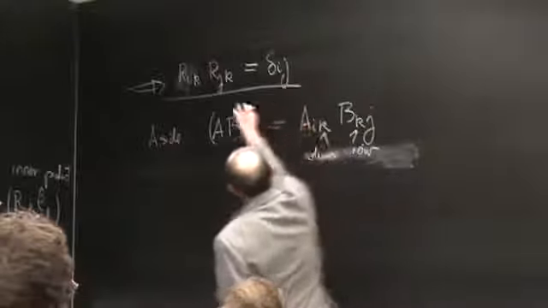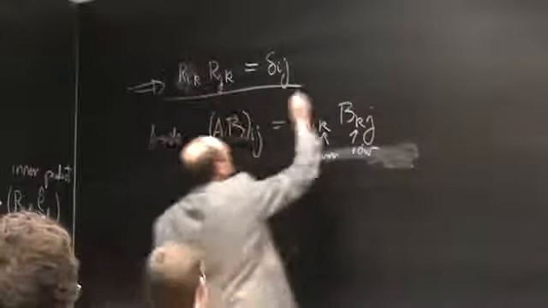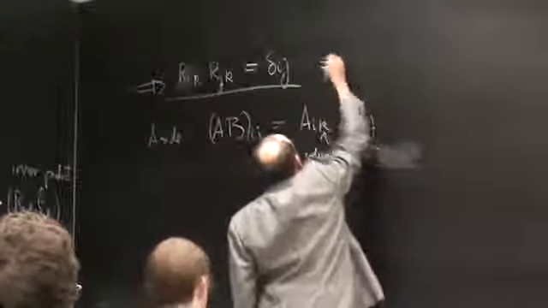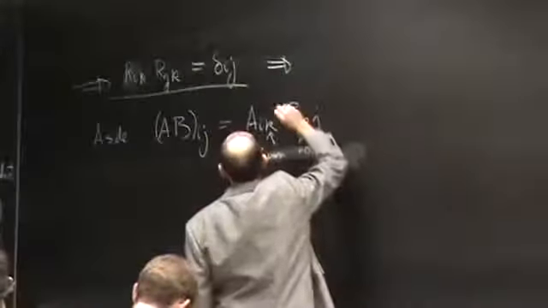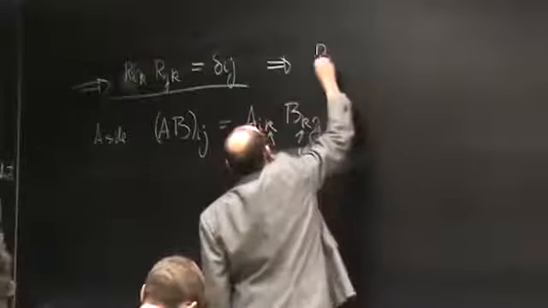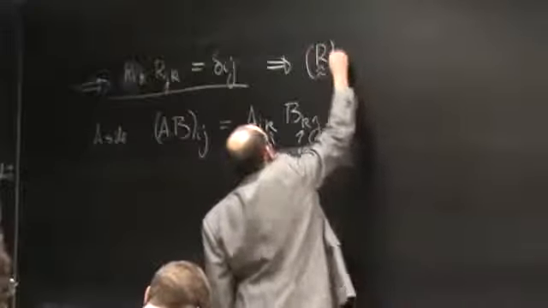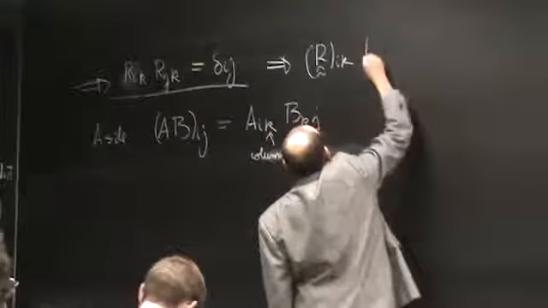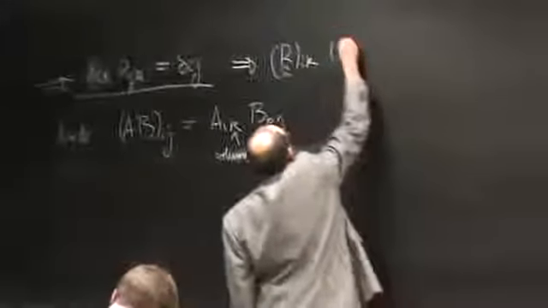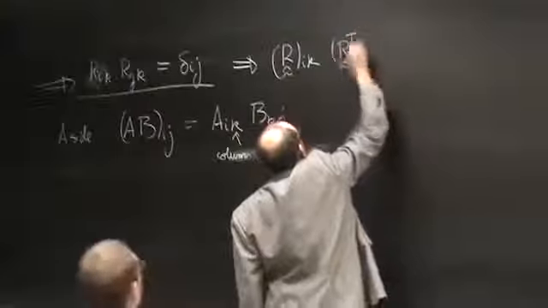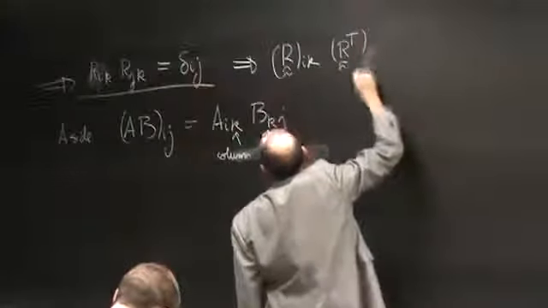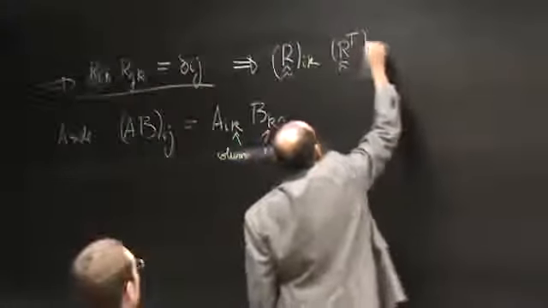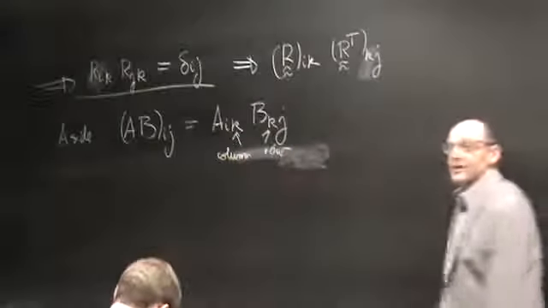In order to do that, I need to switch rows and columns, which is the operation of taking the transpose of the matrix. So I can look at this just to be more clear. This is the ikth element of that matrix times the kjth element of the transpose of the matrix.